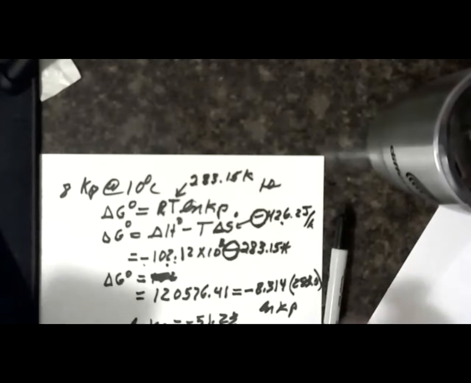But I'm not getting one of my answers, that's for sure. So Kp is 5.7 times 10 to the minus 23. That's why I said this doesn't look like a real number.